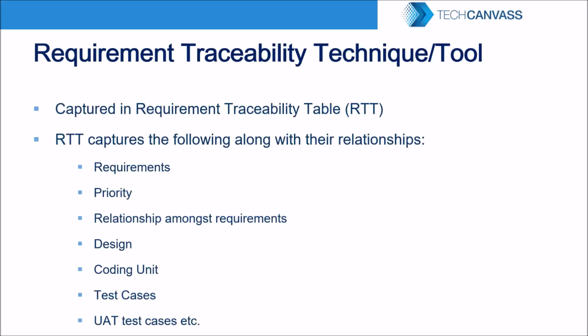So this is about traceability and the different kinds of relationships amongst the requirements. Now, these are not very common in the industry right now. If any of you have seen an RTT, you will not find all these relationships. There are very few relationships existing.